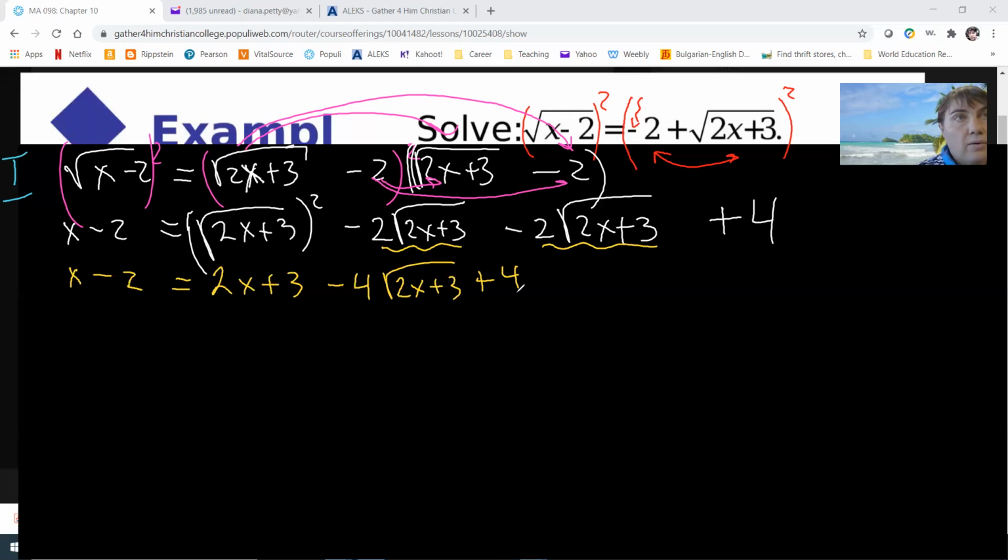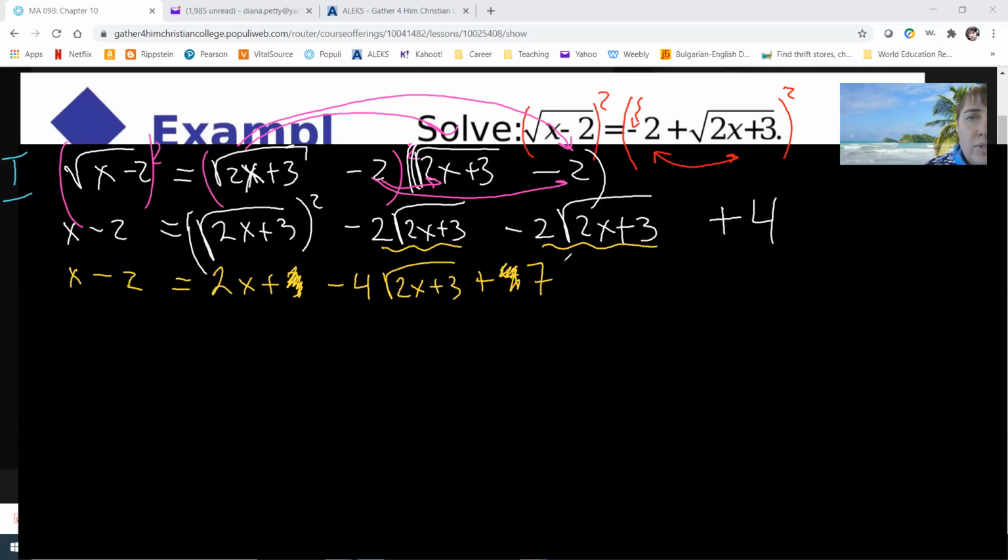Okay, now we're going to add like terms, right? And I'm just going to scratch from here, and I'm putting it here as a 7. I just added them. All right, 3 and 7. So now our goal is to isolate the radical again.